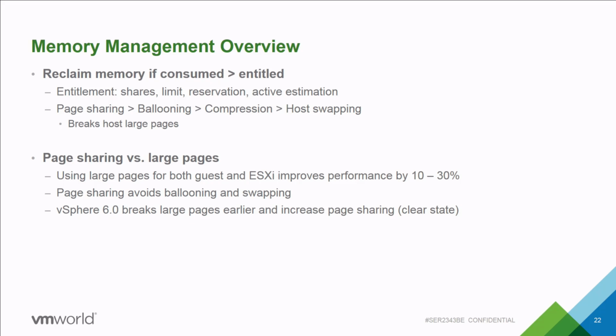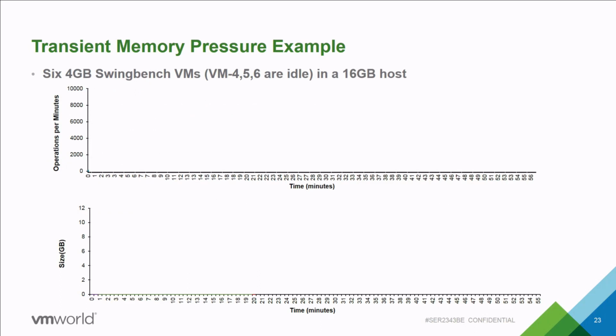So if we almost enter memory overcommit mode, we'll start to break large pages into smaller pages. As you may know, most applications work much better with large pages because you spend a lot less time on TLB access. That's why, if your application is performance sensitive, you should try to avoid overcommitting the memory. So how do we do that?